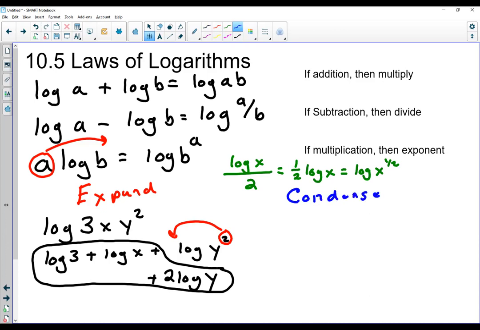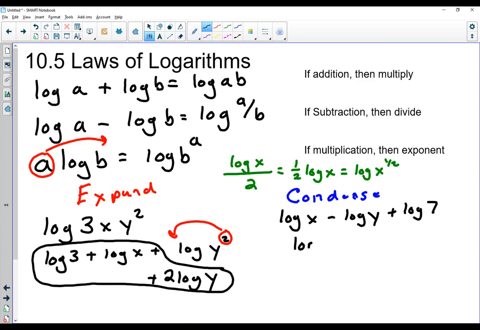Next one is condense. So there's a reverse. Let's say log x minus log y plus log 7. Because log y is being subtracted, you know that's a division.